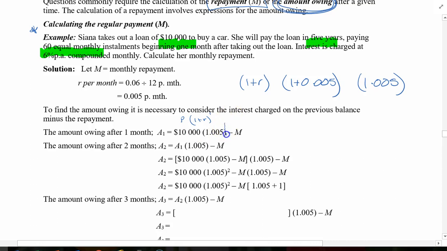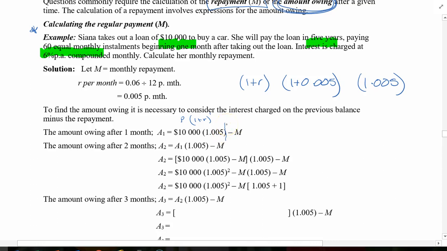Strictly speaking, that is, for an instant, how much is owing. However, at the same time, a payment gets made, and so we need to subtract that amount.